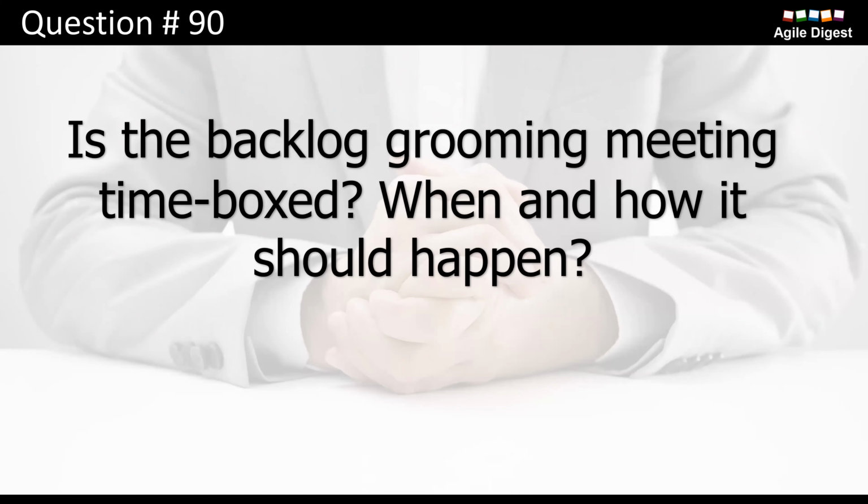So the backlog grooming meeting is not time boxed. It happens before the sprint planning session, and how it should happen in the backlog refinement meeting. Before that, all the developers should be aware of the user stories, and the sprint goal needs to be identified.